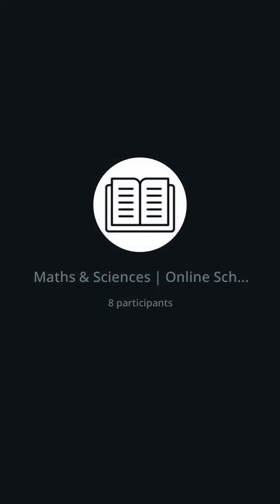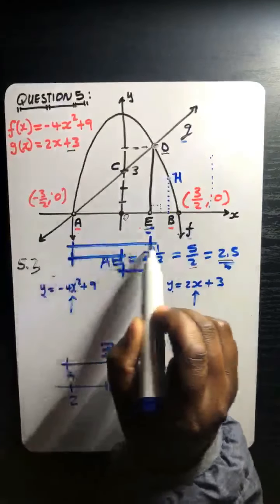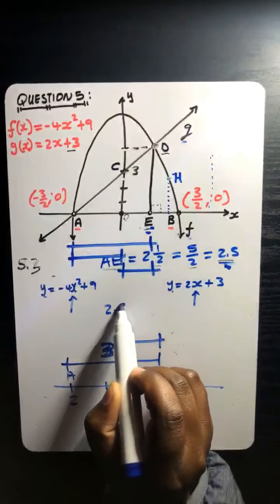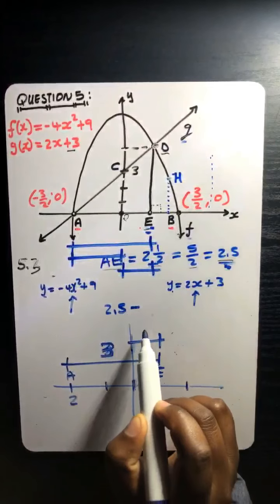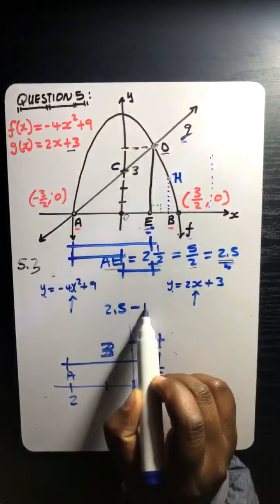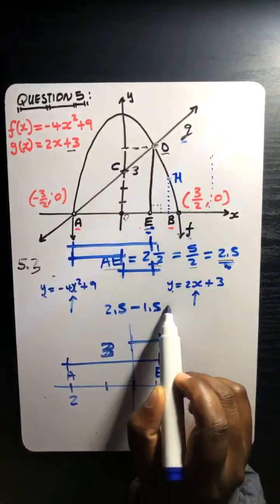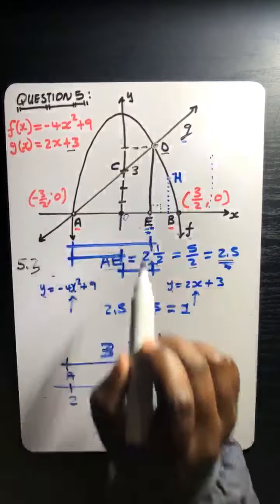That is why you need to perform this calculation: the total length being 2.5, minus this length that you know being 1.5, you end up getting 1. So from there to there is 1.